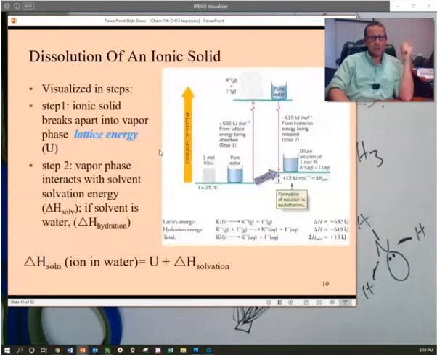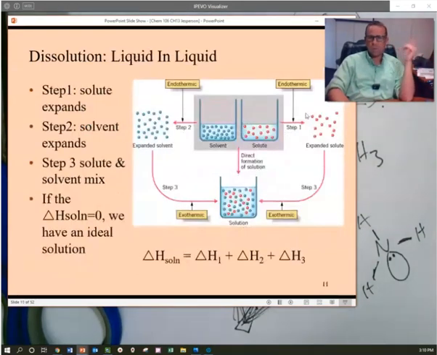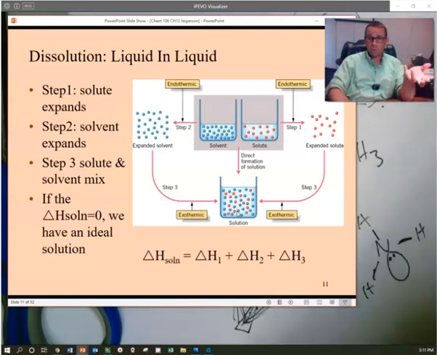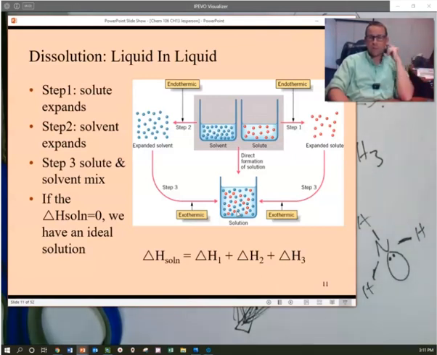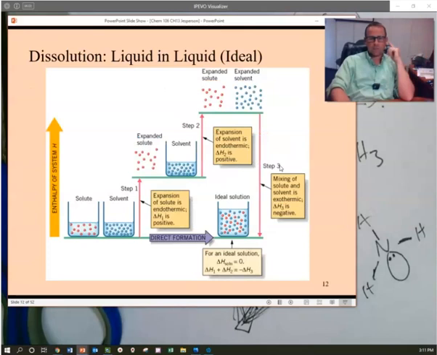So you can have this delta H of solution occurring for solids with liquids, or even two liquids mixing together. And in the end, the new liquid might be warm or it might be cold, right? It's because the intermolecular forces that are now interacting with each other are different than they were individually.